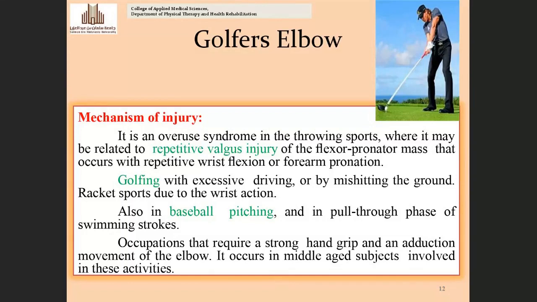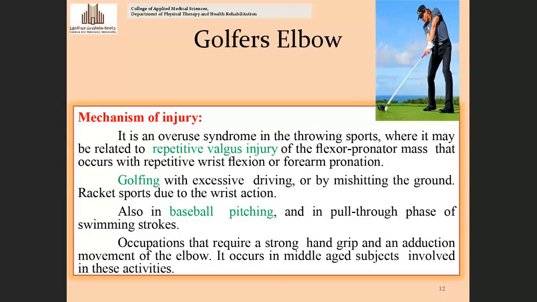The first one is golf, in which there is excessive driving force, which may produce excessive force on the elbow, such as when striking the ground, and also in racket sports due to the wrist action. In some cases, like baseball pitching and the pull-through phase of swimming, or in some phases of swimming, these conditions may arise.